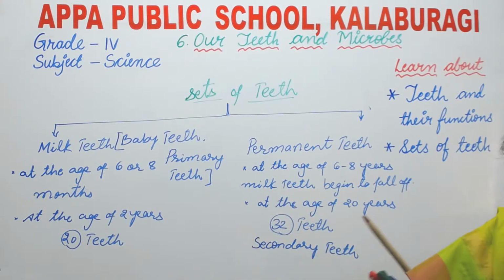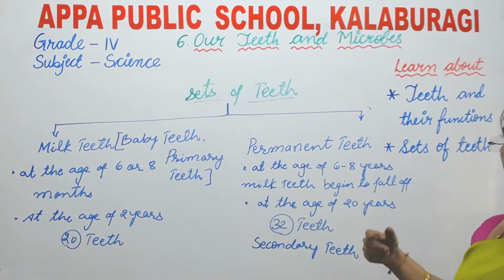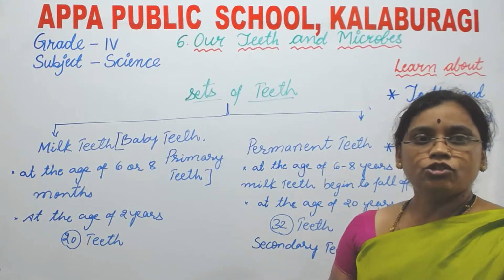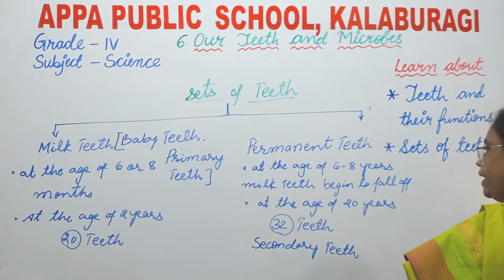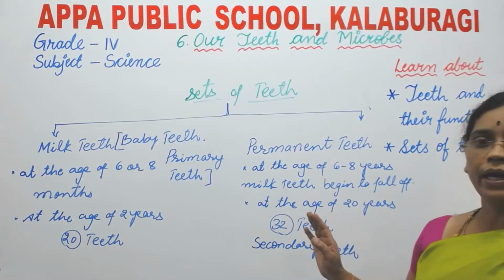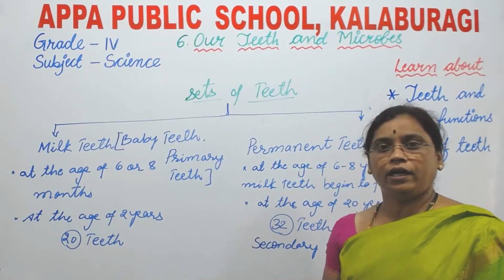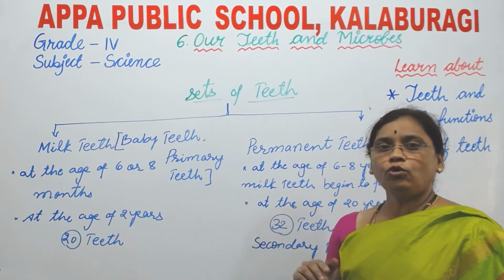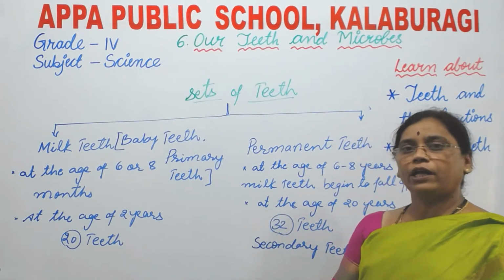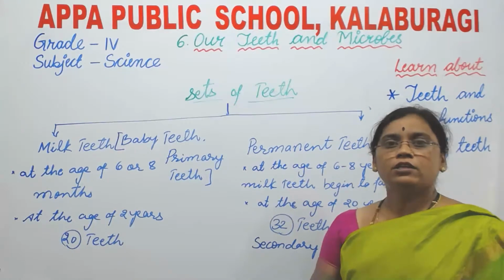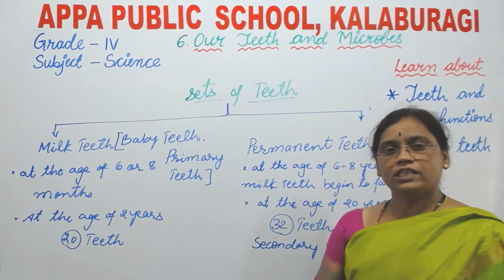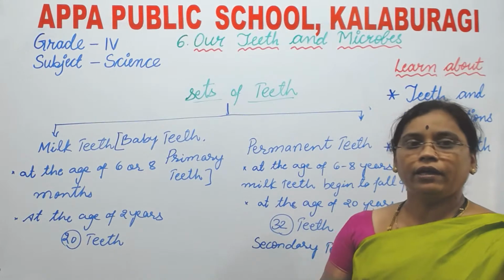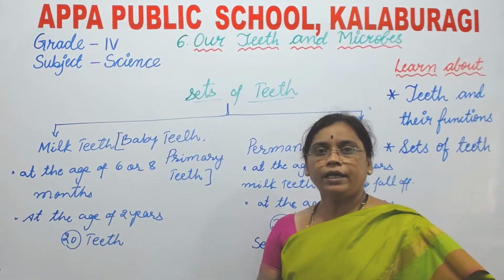So remember, children, if you lose the permanent teeth, they are not replaced by new teeth again. That means no new teeth will grow in place of permanent teeth. So it is our responsibility to take care of our permanent teeth.